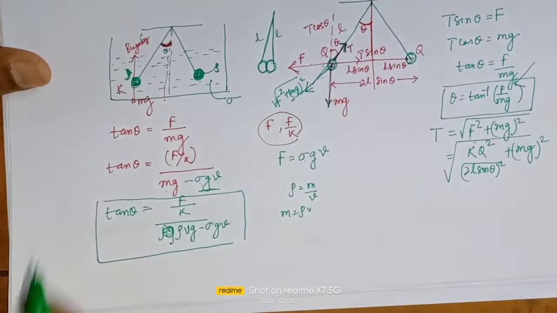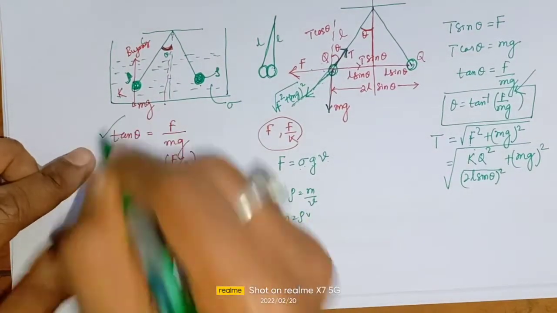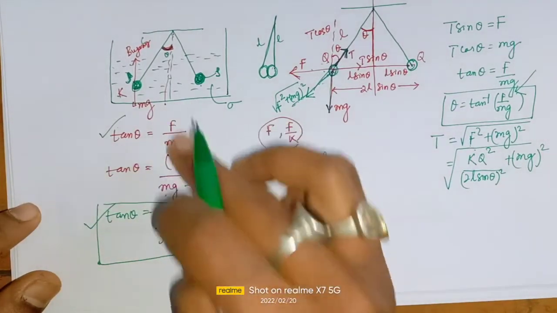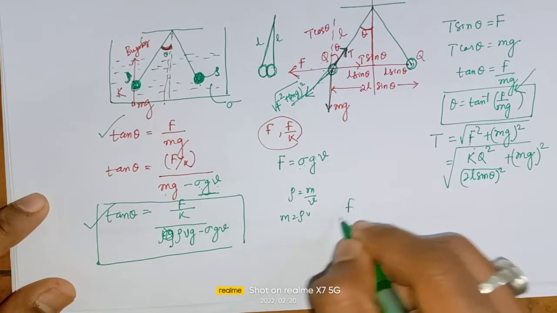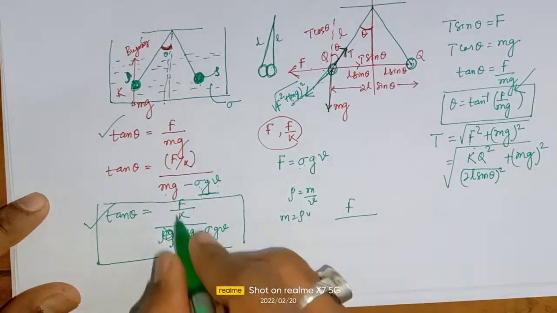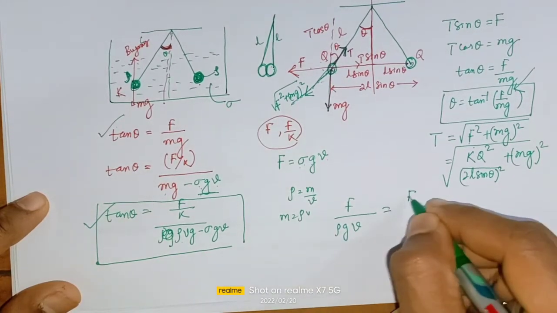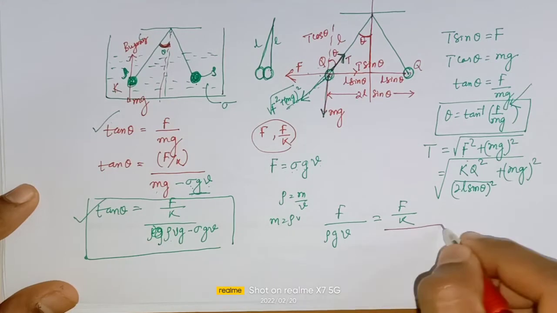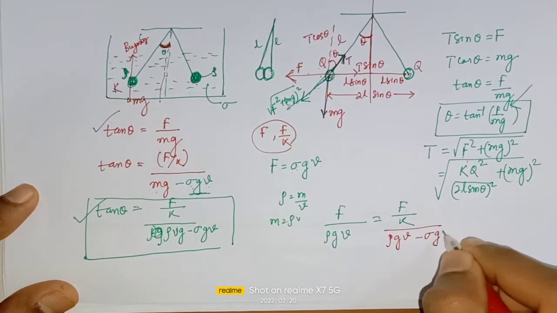Now let me arrange these things a little. If the theta remains the same, initial and final theta remain the same, can I compare these two results? Yes. If I compare these two results, this is F by mg, now converted to rho Gv, equals F by k over rho Gv minus sigma Gv.